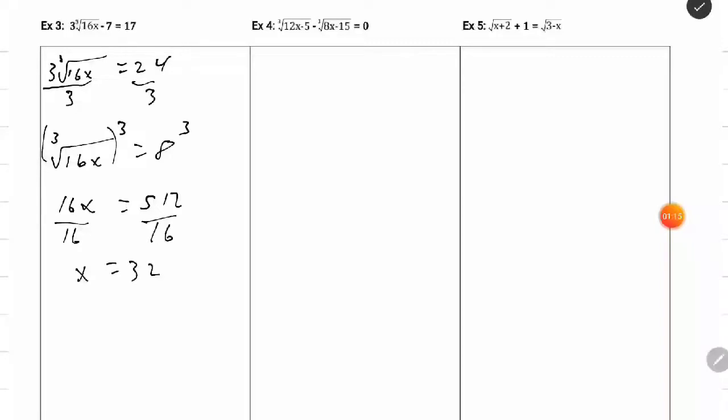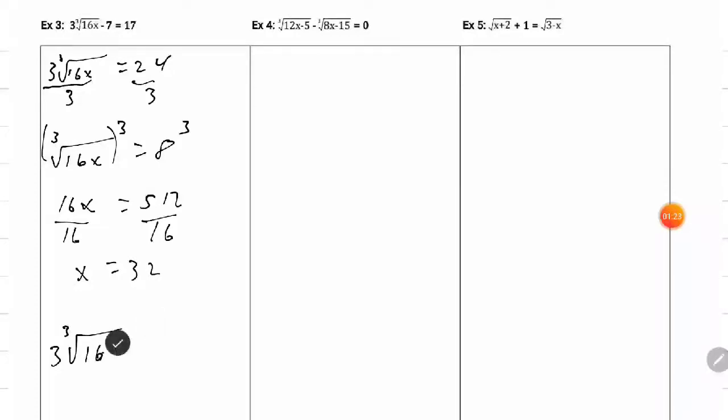And then check it. So 3 times the cubed root of 16 times 32. And then we're going to subtract 7 afterwards and see if that's equal to 17.